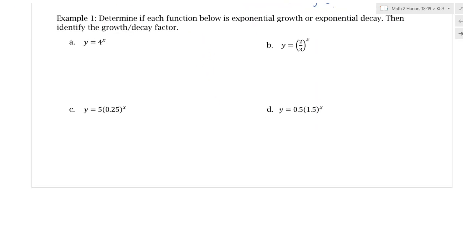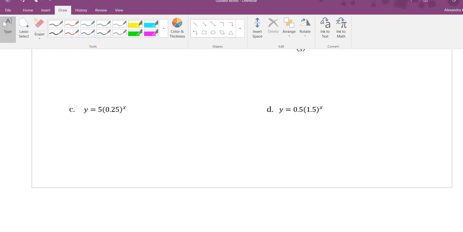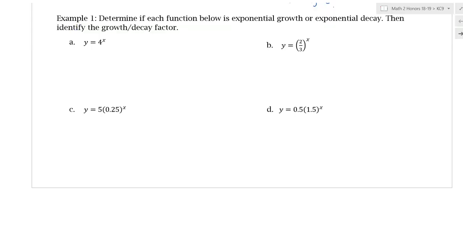Alright, examples. Determine if each function below is exponential growth or exponential decay, then identify the growth or decay factor. We want to see what our base is. So 4 is being raised to the power, so 4 is our base, and that's greater than 1.